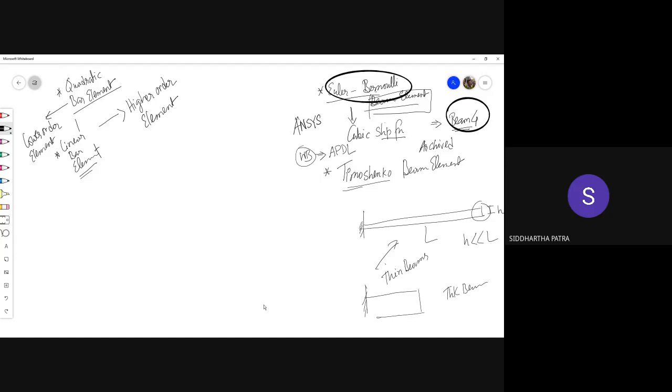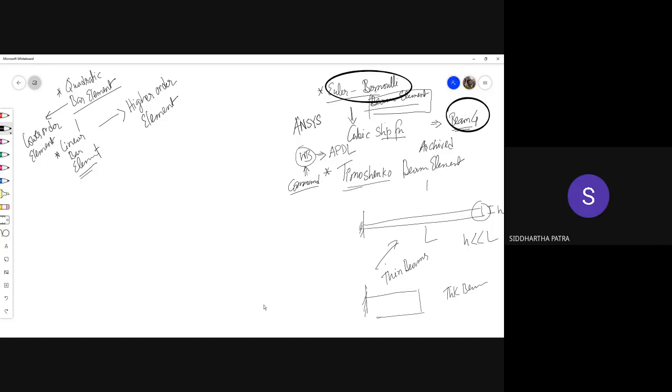So you can only find beam 4 in the APDL version. To incorporate beam 4 in the Workbench version, you would need the help of commands, like command line commands. So if you only know about beam 4, then you can find it in APDL.